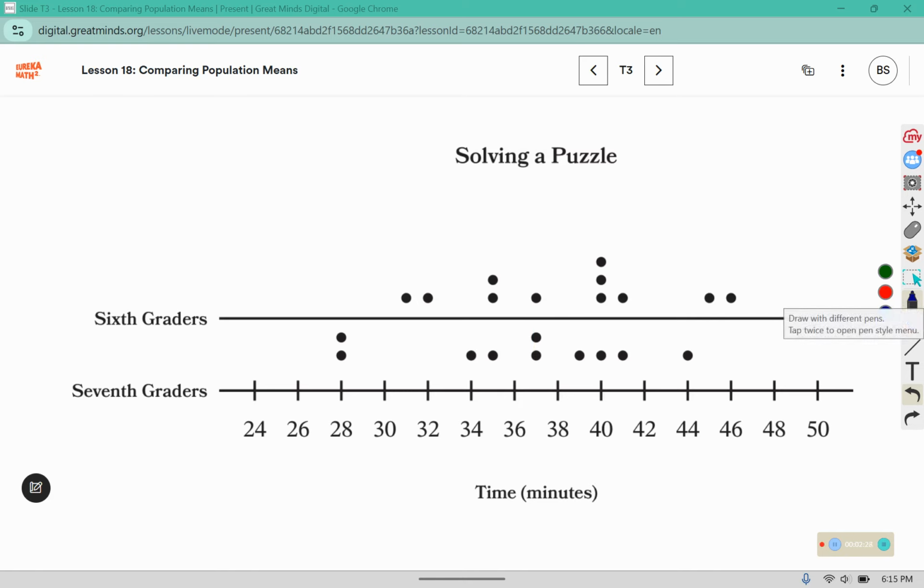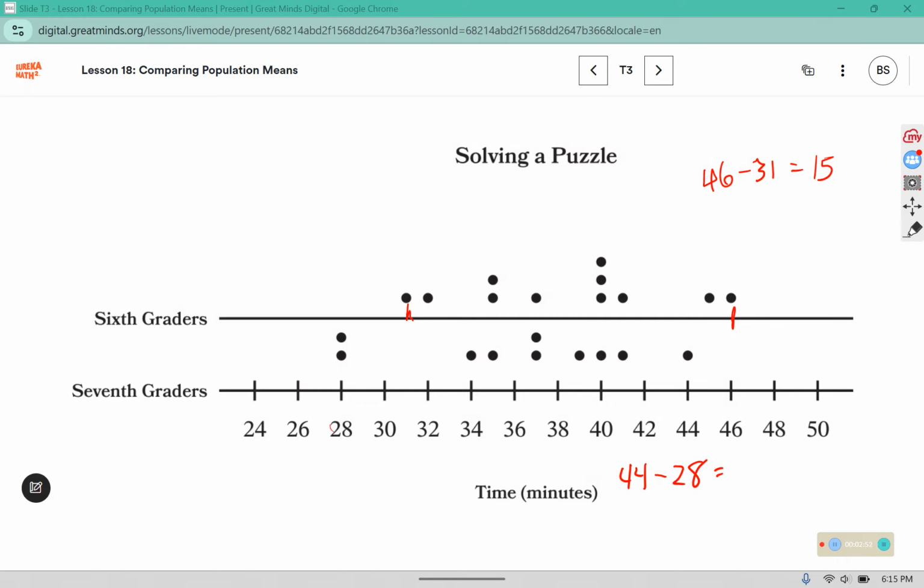We can be more precise by using either mean, median, or mode for describing the center. And the spread of this one, it went from 31 to 46, which is a spread of 15, whereas this one went from 44 and 28, which is a spread of 16.